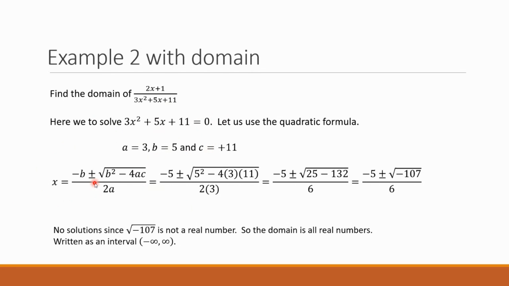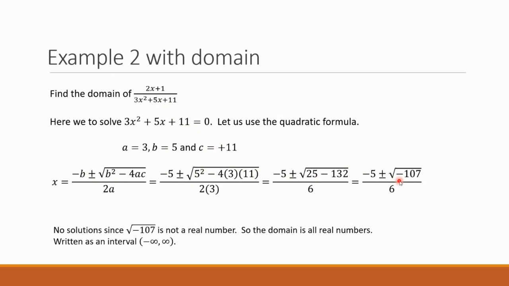So what do we get? Negative 5 plus or minus the square root of 5 squared minus 4 times 3 times 11. There is a plus here, I think, because originally there was a minus here, but I wanted it to be plus. Over 2 times 3.